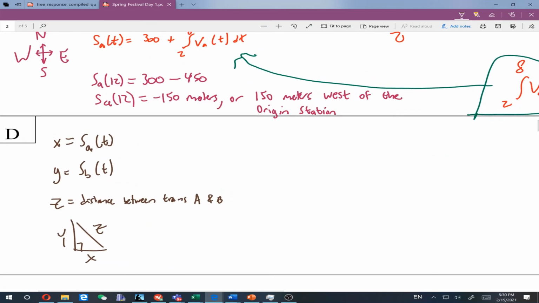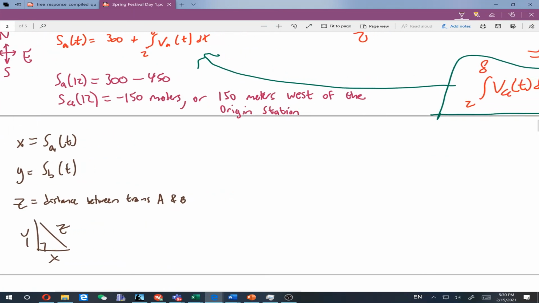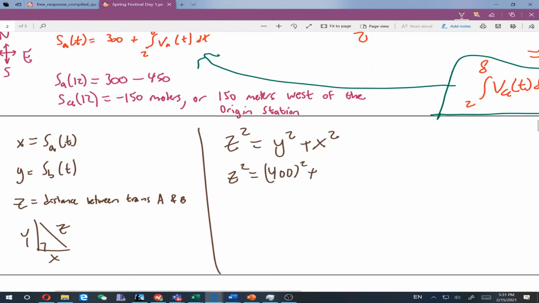Okay, so Pythagorean's theorem you said, so we'll set that up first. Z squared equals y squared plus x squared, where right now y is 400, you said. X is 300. Pythagorean triple, what should z be?